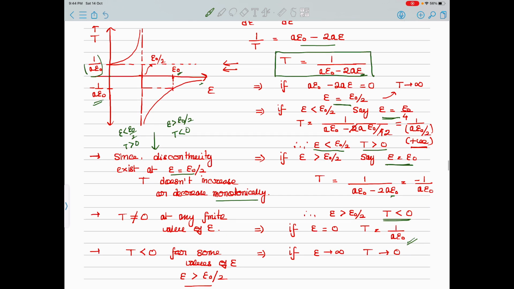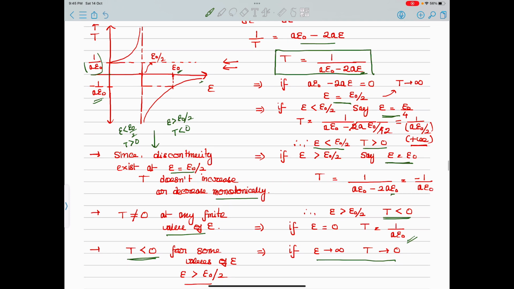Second thing, T is not equal to 0 at any finite value of E. Only when E tends to infinity, T is tending to 0. So T is not equal to 0 at any finite value of E. This is the second point. And we have found that temperature is negative for some values of E, and positive for some values of E.